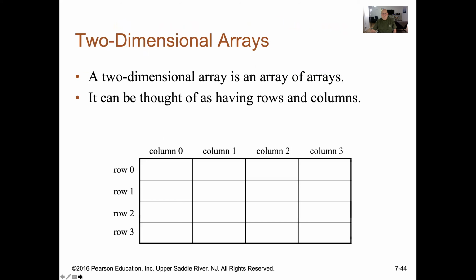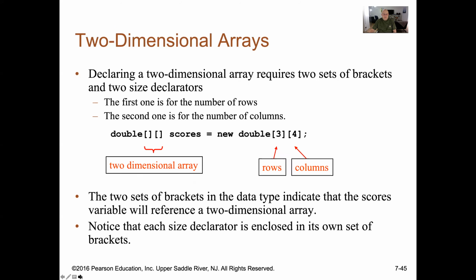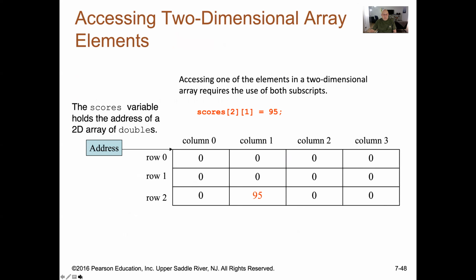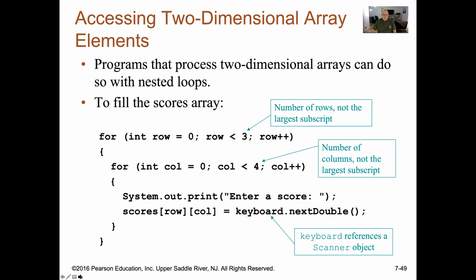This is a two-dimensional array, which is an array of arrays. It can be thought of as having rows and columns. Two-dimensional arrays are used a lot. Programs that process two-dimensional arrays can do so with nested loops to fill the scores array.